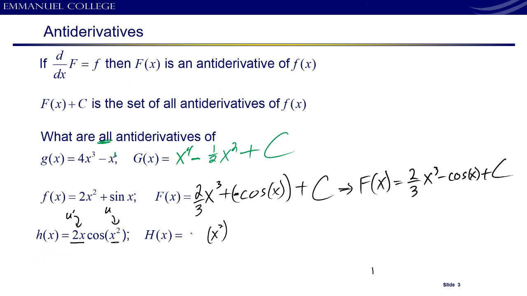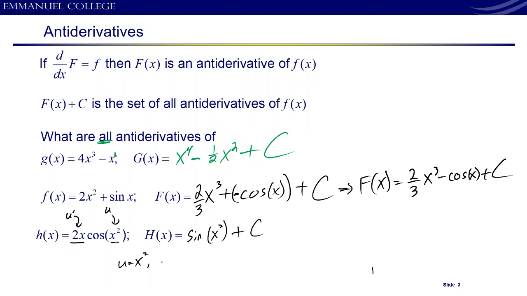But I do know that if I take the derivative of sine, I get cosine. So this needs to be sine of x squared plus c, which does work out, because the derivative of a constant goes to 0. Derivative of the inside function is 2x. Remember, you would think about it as u equals x squared.